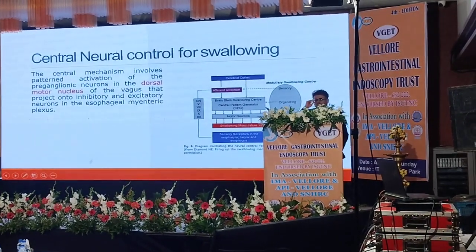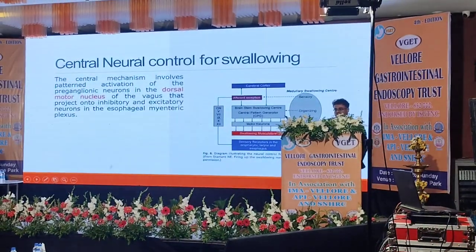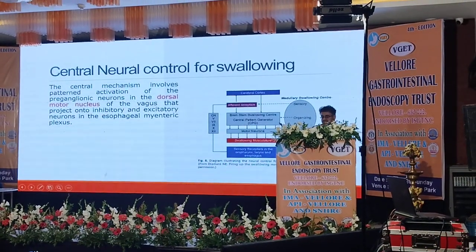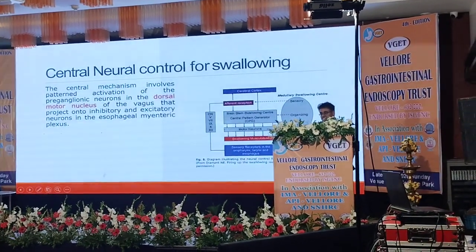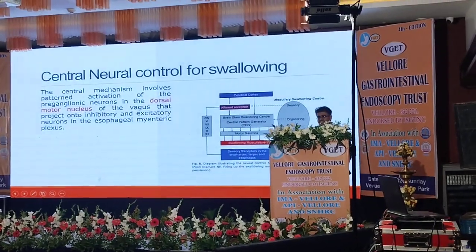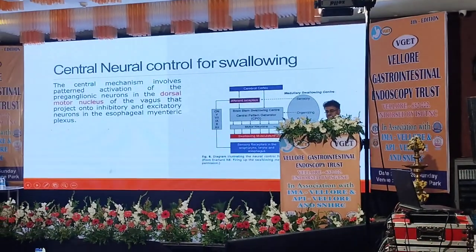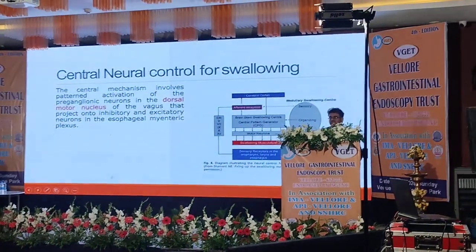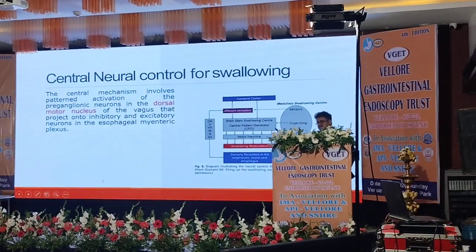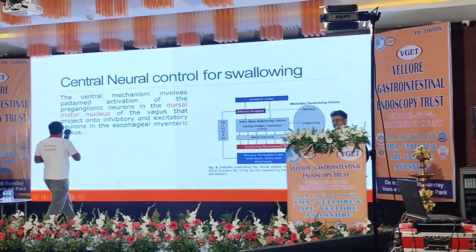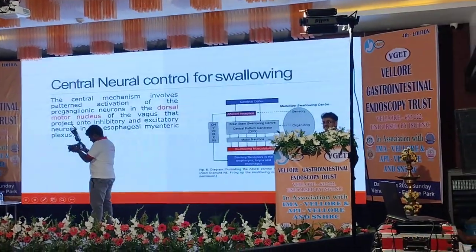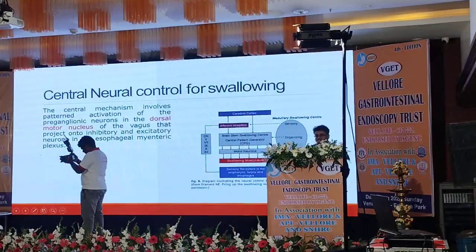What is the basic entity to discuss about the swallow mechanism, what is going to happen? There are three major peristalses: primary, secondary, and tertiary. The swallow center is in the cerebral cortex. Once it is activated, the swallow reflex is initiated. The two major nuclei in the brainstem involved are the nucleus solitarius as well as the nucleus ambiguus.